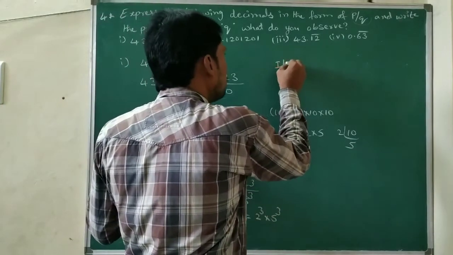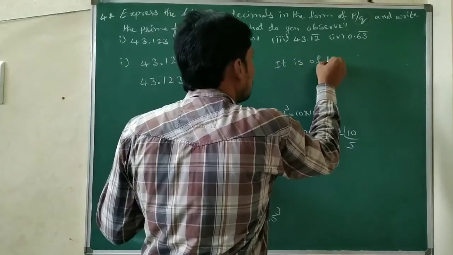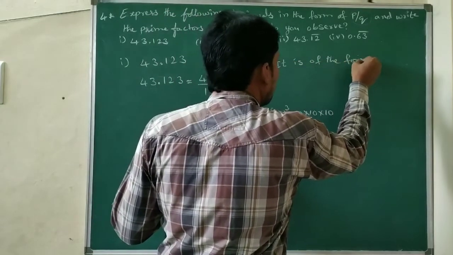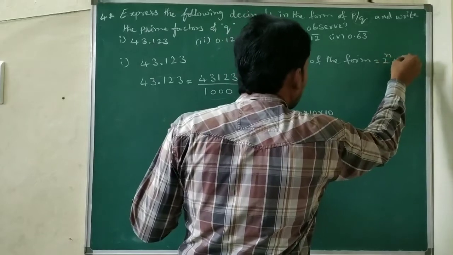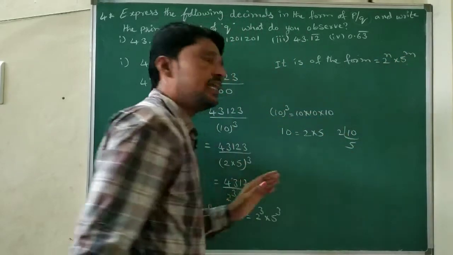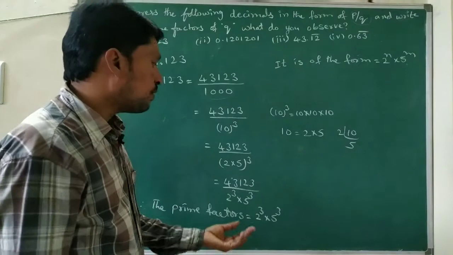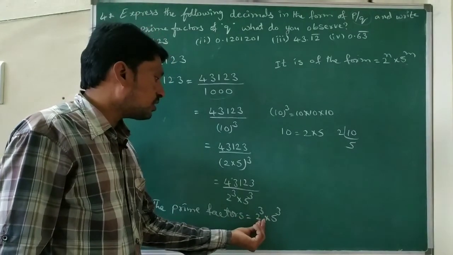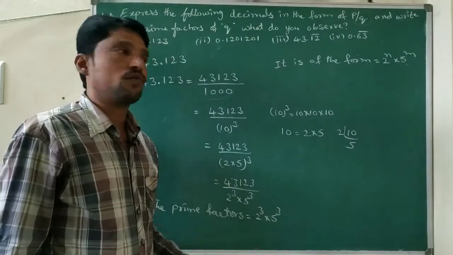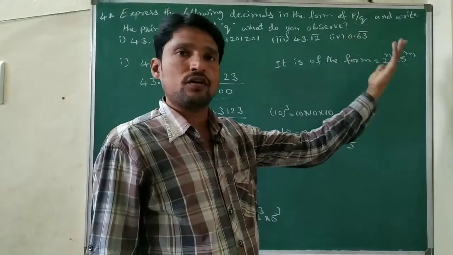It is of the form 2 power n into 5 power m. So we got the factors, and 2 cube into 5 cube means it is in the form of 2 power n into 5 power m.